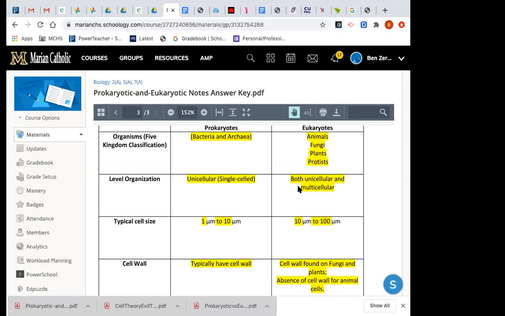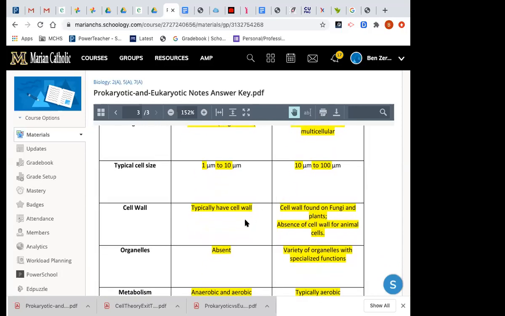Now, I cannot stress this enough. Cell walls are not a determining feature of whether something is prokaryotic or eukaryotic. There are prokaryotic cells that have a cell wall, and there are eukaryotic cells that have cell walls. Okay? The cell wall would be located outside of the cell membrane, and it's like another layer of protection around the cell.